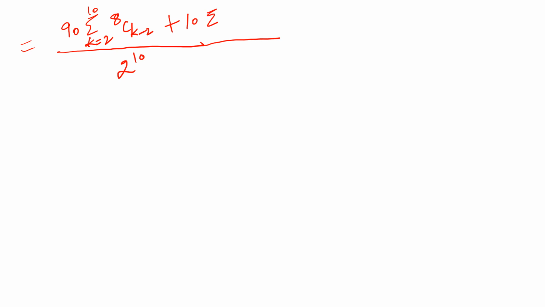And now we can change the lower limit of this summation because earlier it was k equal to 0, but now k equal to 0 does not make any sense because here we are having 9C(k minus 1). Fine, so k will start from 1, so 1 to 10 it is going to be. Fine. Now students, we know that nC0 plus nC1 plus nC2 and so on till nCn is nothing but 2 to the power n.